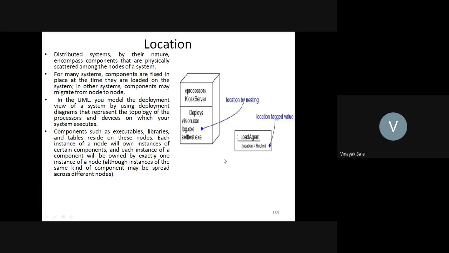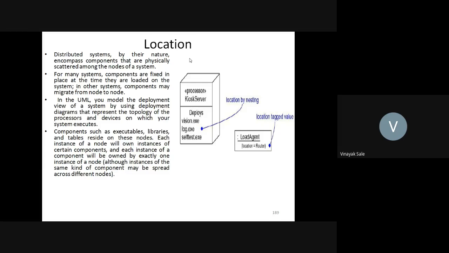Then, location. Distributed systems, by their nature, encompass components that are physically scattered among the nodes of the system. For many systems, components are fixed in place at the time they are located on the system.